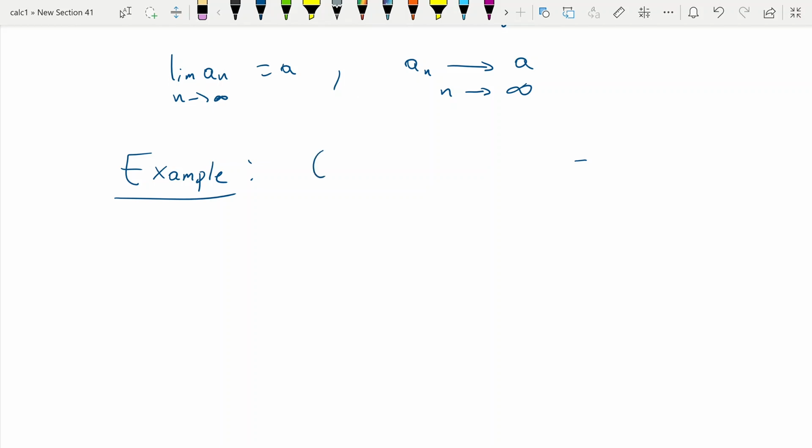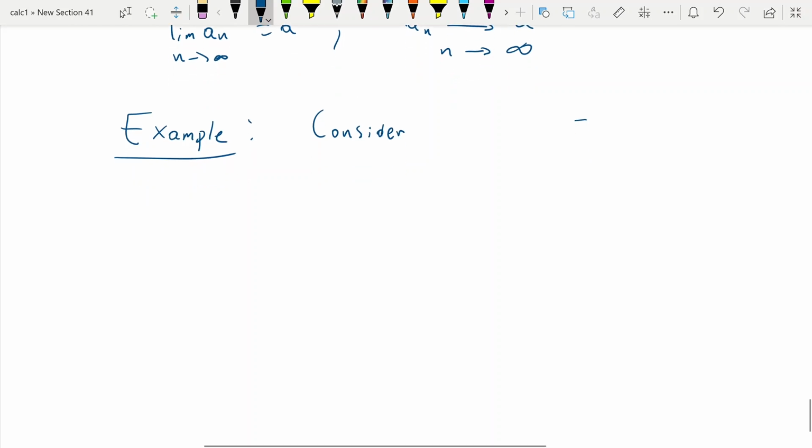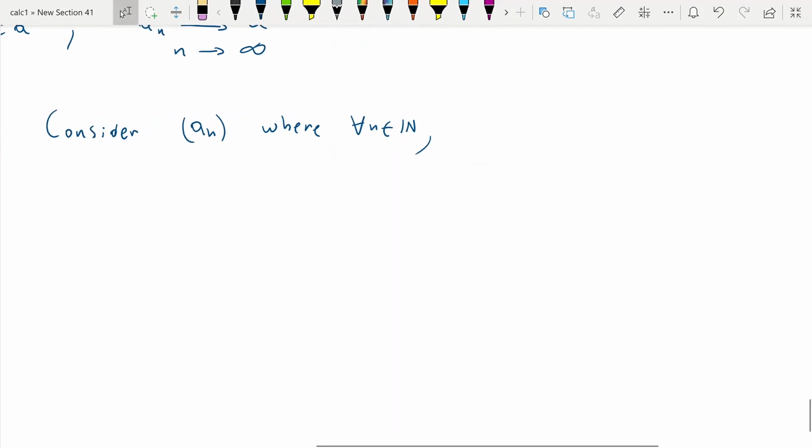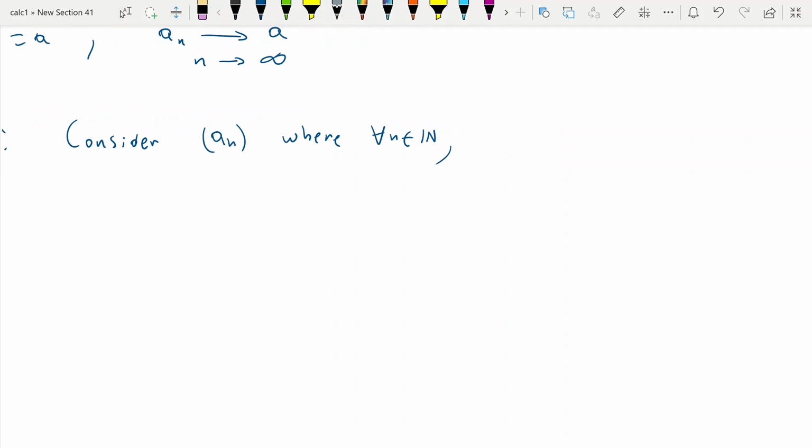So the mission is to try to do it on your own. Consider the sequence a_n, where for all n in N, a_n is equal to 1 over the square root of n, like they have in the book.